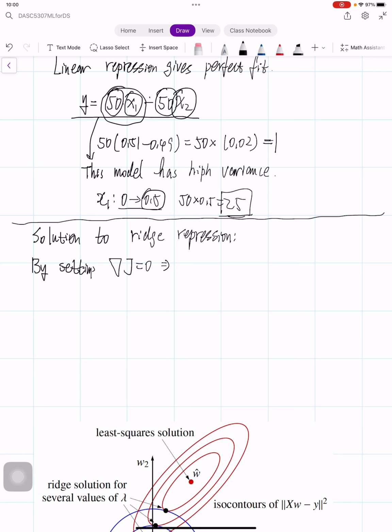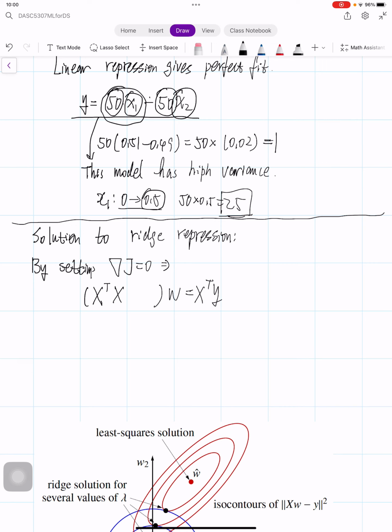the following equation. It is relatively close to the solution of the linear regression. Remember, in the linear regression, our solution is X transpose X times w equals X transpose y, and then we take the inverse of this term to get our solution.